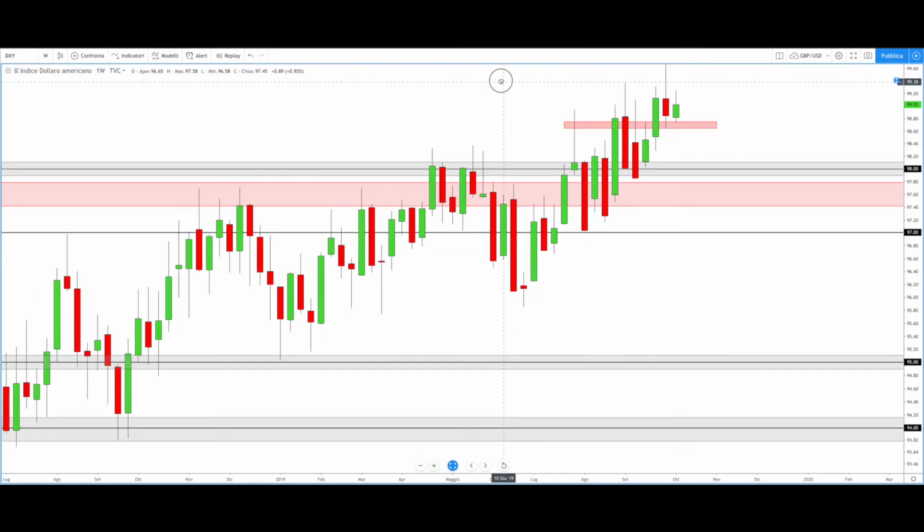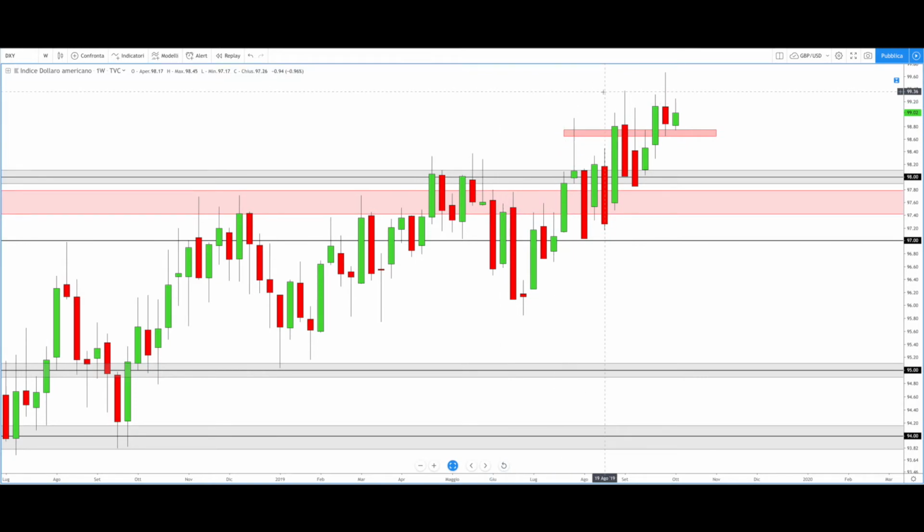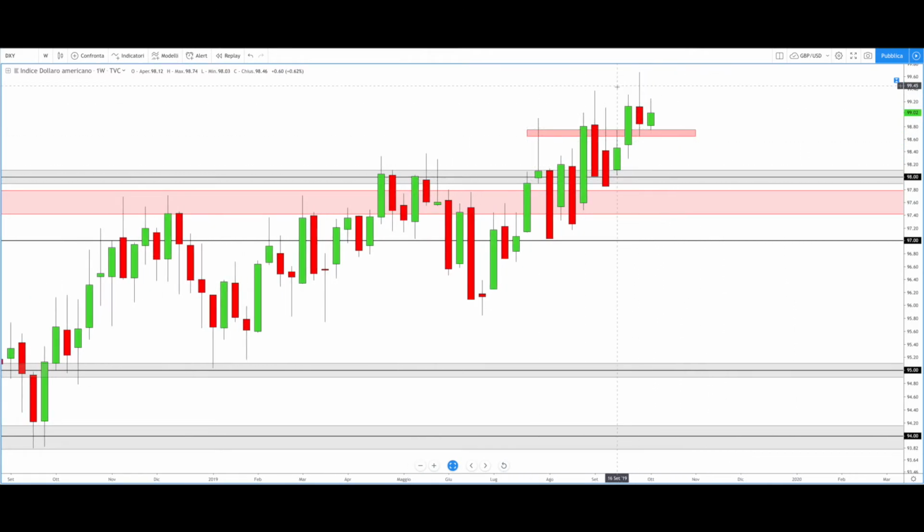Then we can watch the last one, the dollar index. I want to watch carefully this index, because this evening we will have the NFP news, and we need to watch carefully this price action, try to understand the next movement for the US dollar.